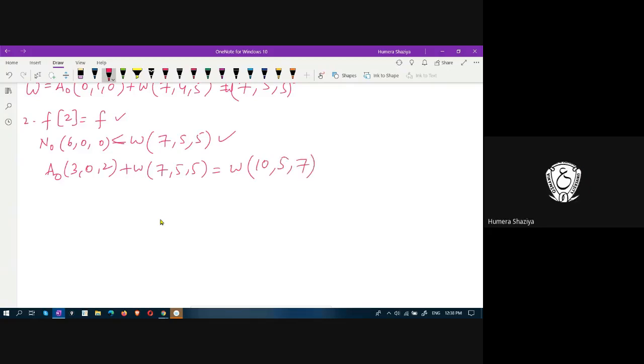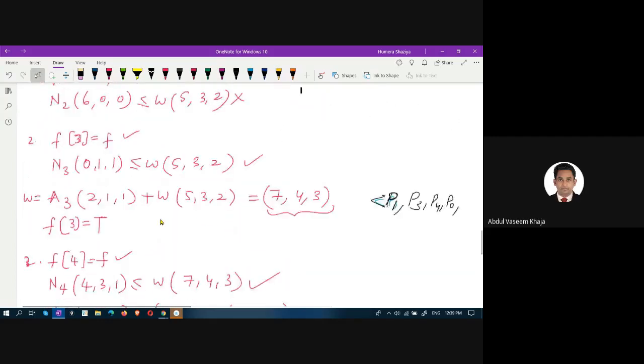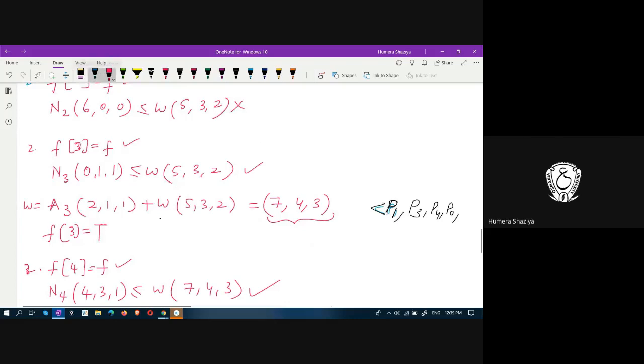And we got the total number of resources here, right? A was 10, B was 5, and C was 7. So we got that, as well as P2 also completed.